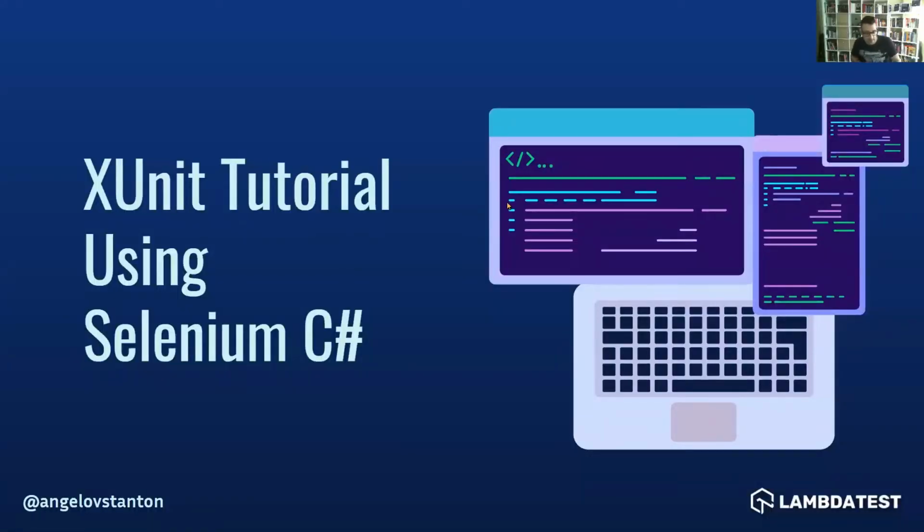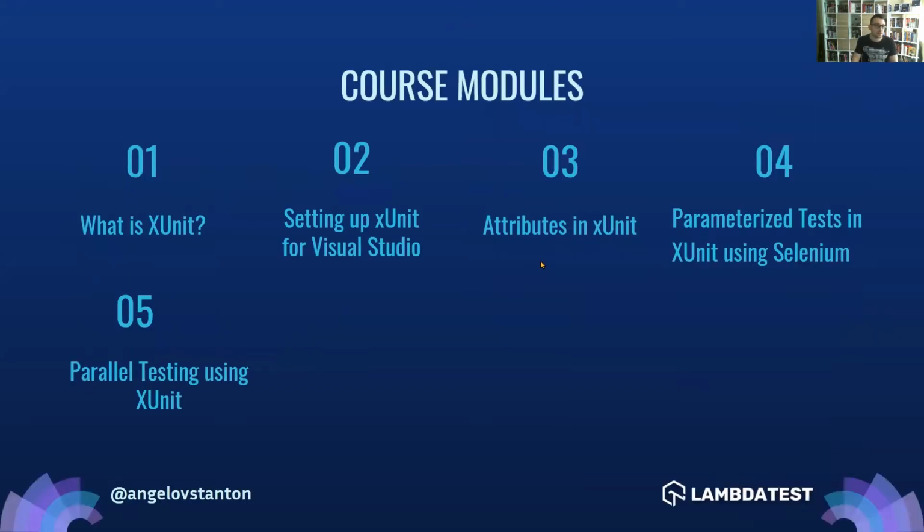So let's begin. Today, yet another video from our tutorial for xUnit, teaching you how to write Selenium tests for beginners in C#. Last time, we first discussed what xUnit is, then we set up the project in Visual Studio and installed all of the dependencies.